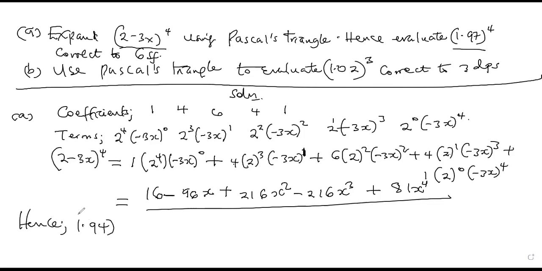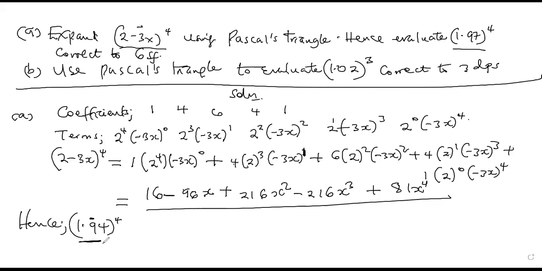1.97 to the power 4, this one you must, because now you cannot just evaluate anyhow. You need to first confirm this to this. It must be transformed from this form to this form. So you must make sure that 1.97 takes the form of this.